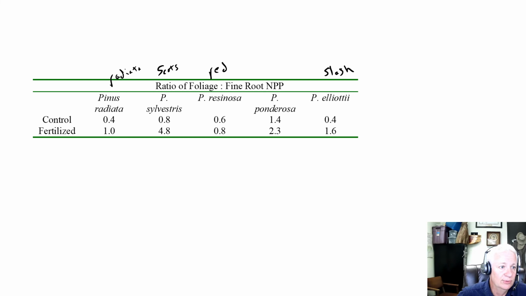So what they did was look at the ratio of NPP, this is growth, the ratio of growth of foliage to root. So this is a ratio. So when this ratio is larger, that means foliage is growing more than roots. Okay, so what they show is that when we fertilize, that ratio is larger.